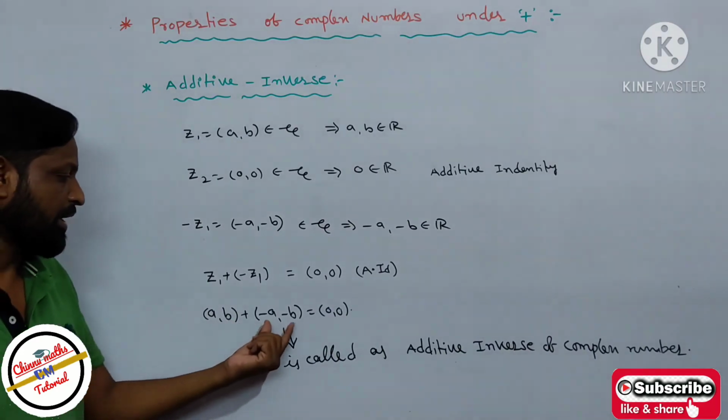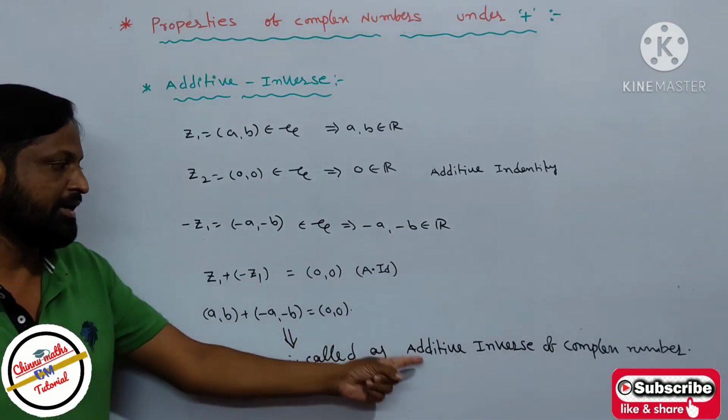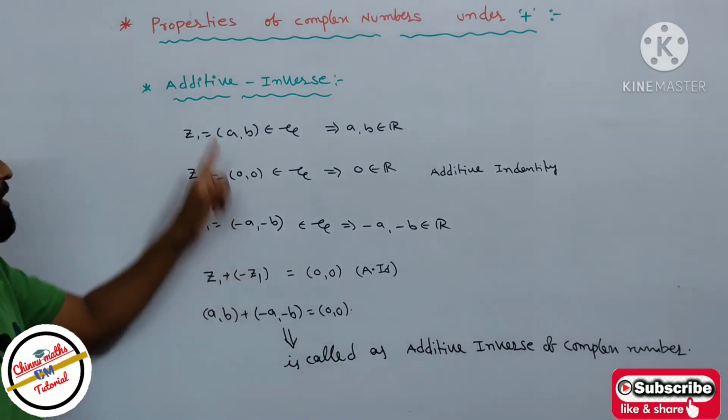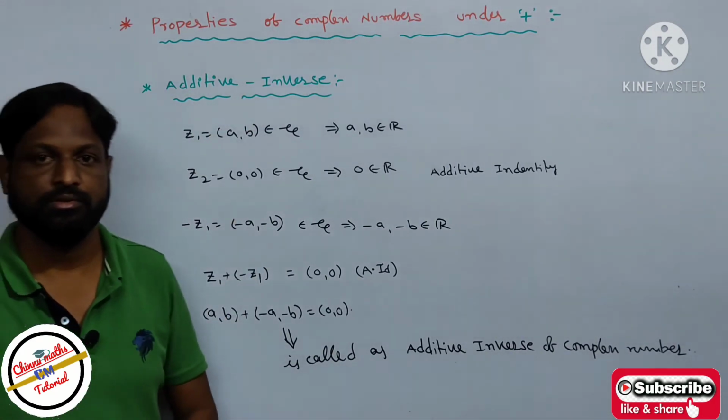That means (minus a, minus b) is called the additive inverse of the complex number (a, b). So this property is called the additive inverse. It is clear.